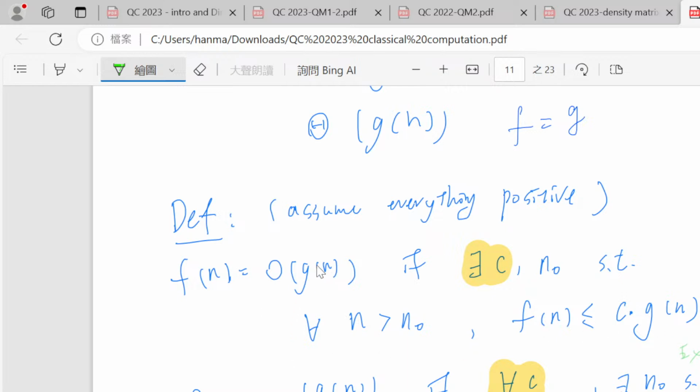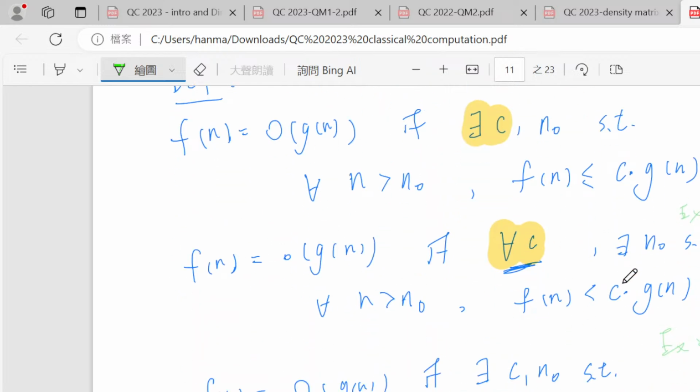So usually g will be a simple function, maybe a really usual monomial, etc. So here, 2n plus 1 versus n, we can have n naught equal to 1 and c equal to 3, right? So you can see that when n is greater or equal to 1, 3n is bigger than 2n plus 1, etc. Okay, so you see that 2n plus 1 is order n.